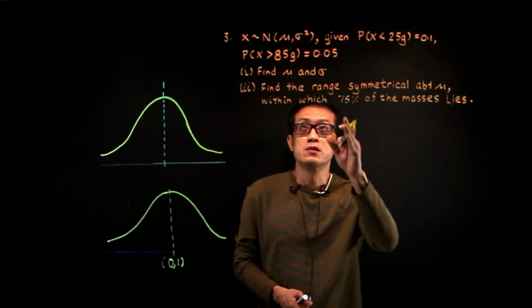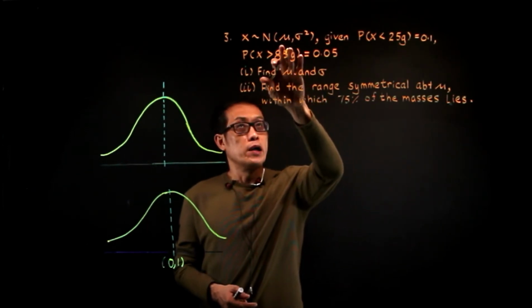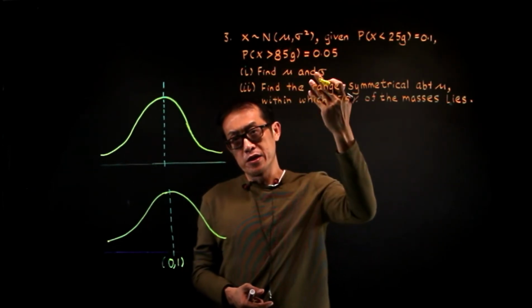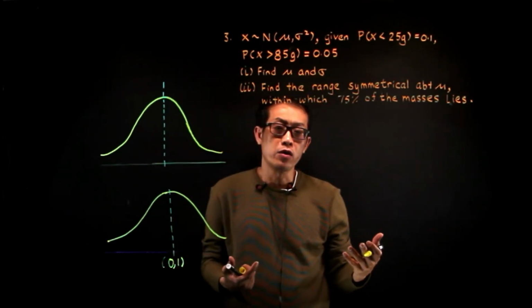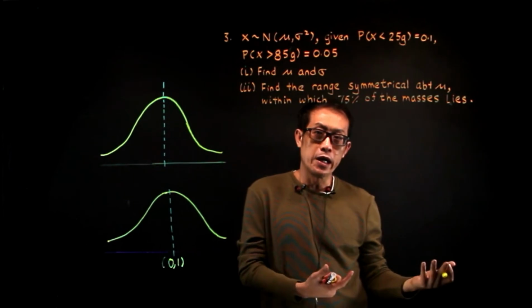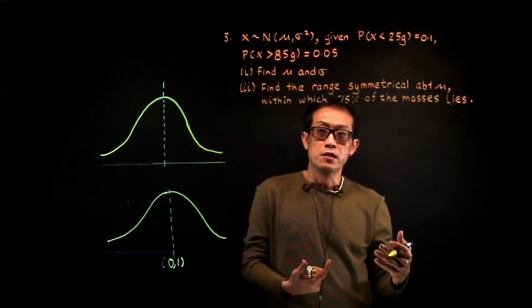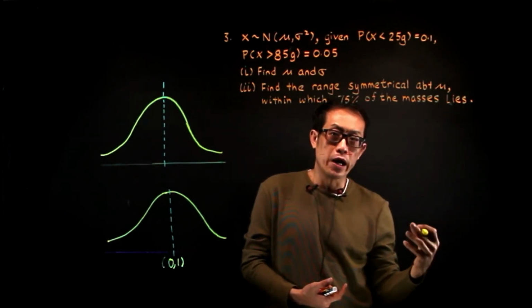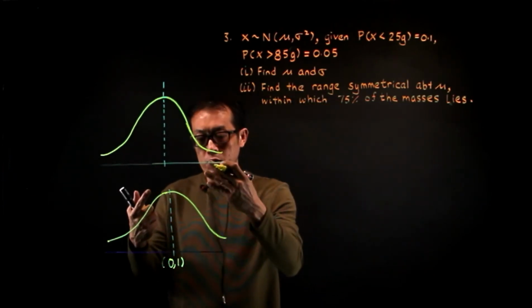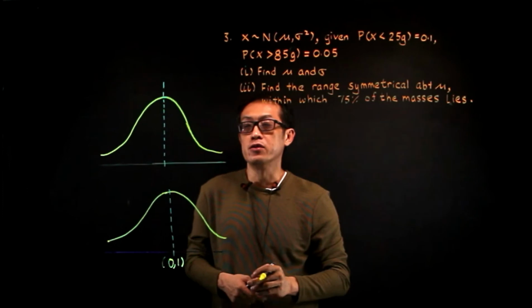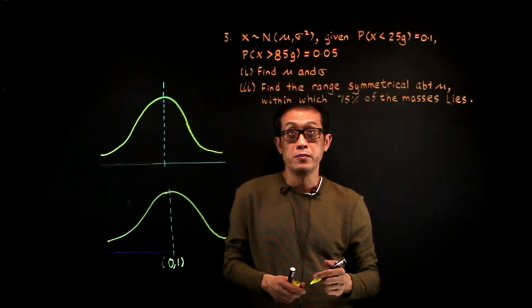Because if we do not have one of these, the mean or the standard deviation of the actual population, then you find that you cannot use the calculator to help you because it will always prompt you for mu and sigma. So we have no choice, we need to convert it to a standard normal distribution.